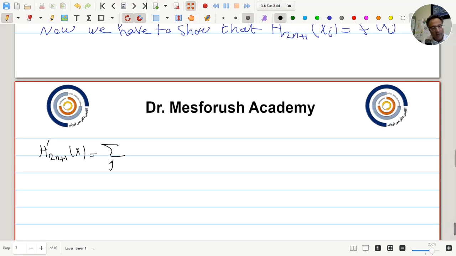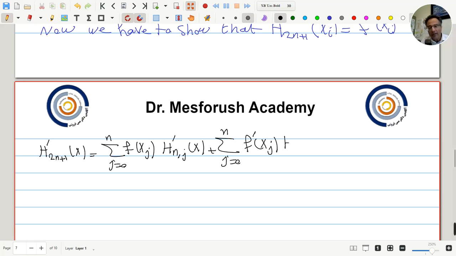It's the sum for j equal to 0 to n of f(x_j) times h'_{n,j} at x plus the sum for j equal to 0 to n of f'(x_j) times h hat'_{n,j} at x.